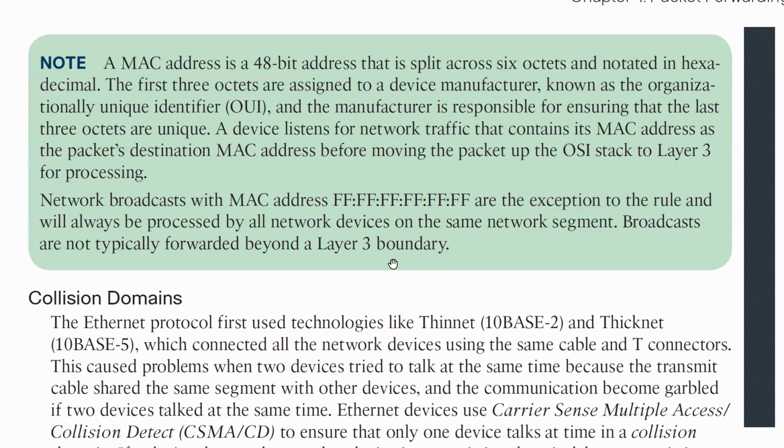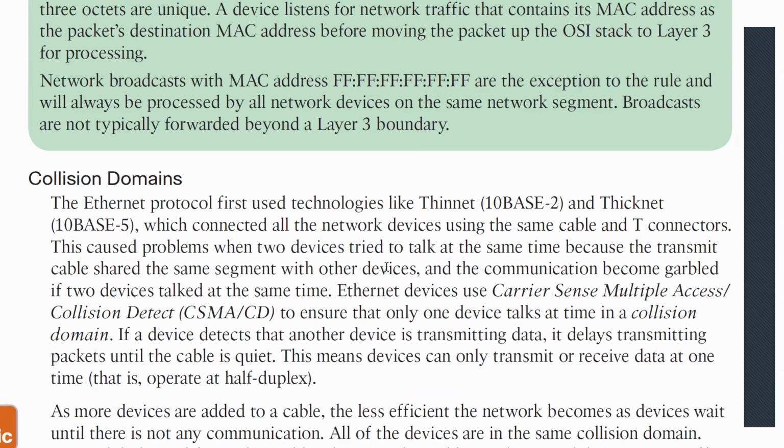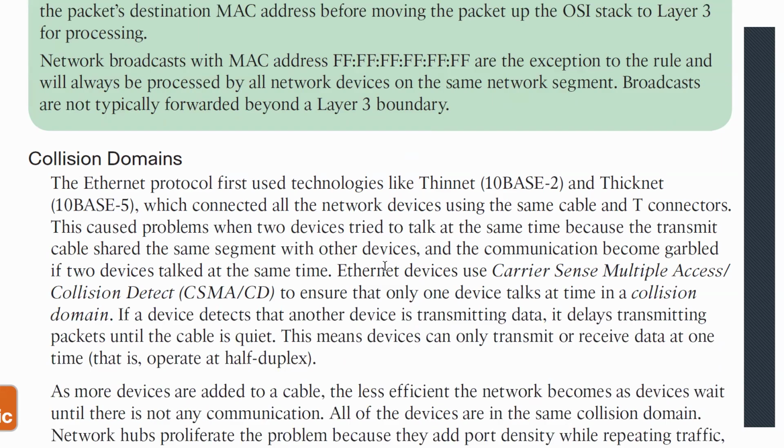Now about the collision domain. We had already discussed what a collision domain is, right? A collision domain is a network or part of a network where there's a possibility of collision. If there are two nodes trying to communicate simultaneously, at the same time, there is a possibility that there will be a collision.